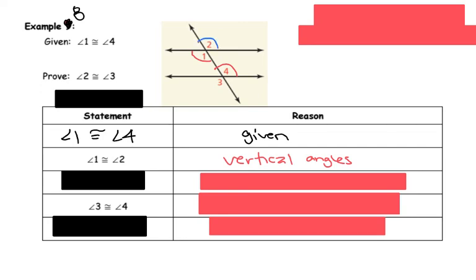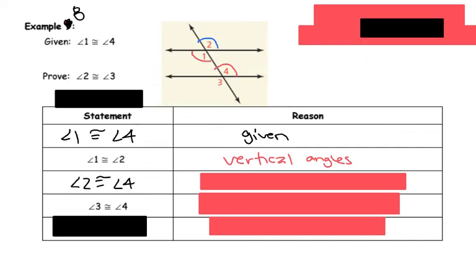Notice I used a different color, but I made the exact same marking because they're congruent to each other. All right, so my next statement would then have to be angle 2 is congruent to angle 4. And the reason is transitive property.